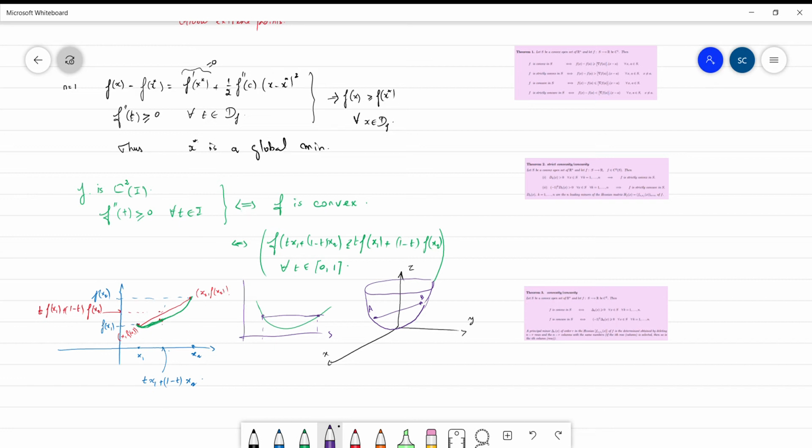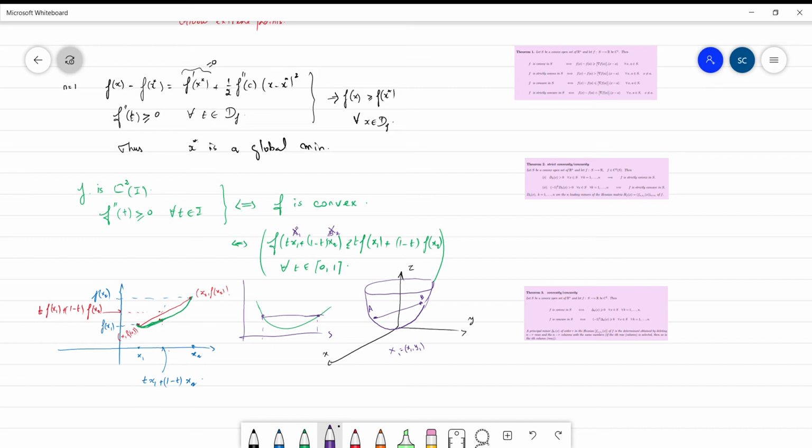So the definition is similar. Just think about taking A and B instead of x1, x2, or capital X1 and capital X2, because your points are here in the plane, so they have coordinates x1 and y1. And more generally in Rn we can also do that. There is something to pay attention to.